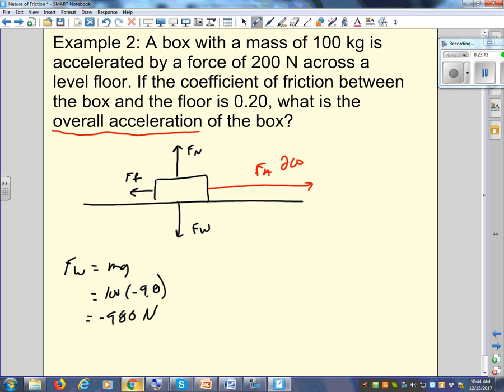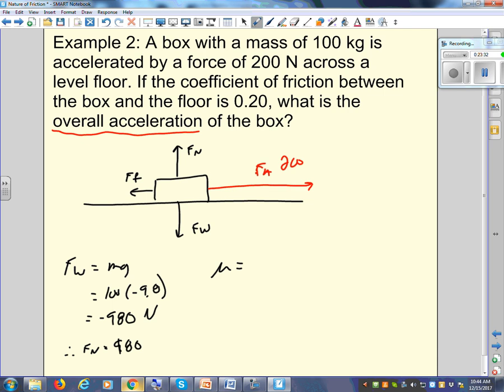Therefore, normal force 980 up. I've got my mu, I can find my friction force, right?